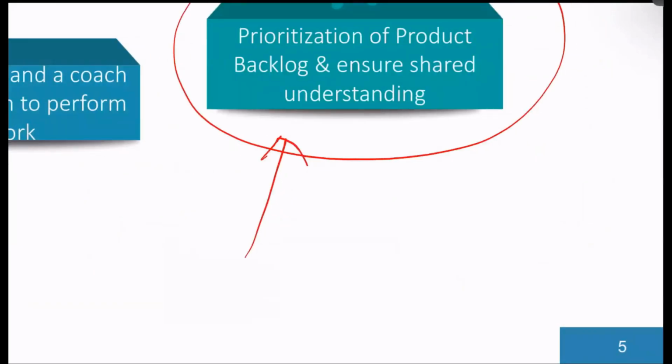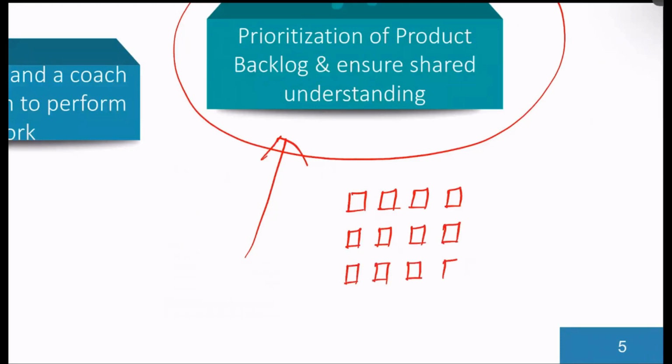I hope you're aware of the concept of product backlog. Product backlog is the collection of product features to be developed, or it's a prioritized list of user stories. A user story is a product feature according to customers' or users' perspective.